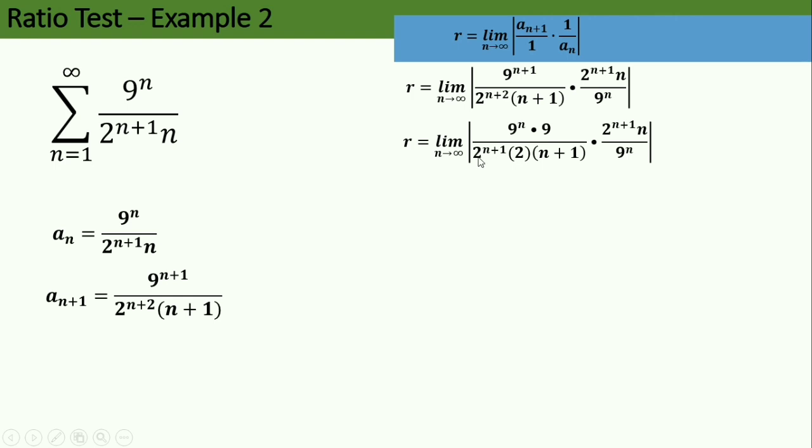So, mahimo na siyang 2 to the power of n plus 1, then times 2, na po na siya degree nga 1, then times quantity of n plus 1. So, since nabulag na nato siya, ipang-cancel na nato ang magkapareha.